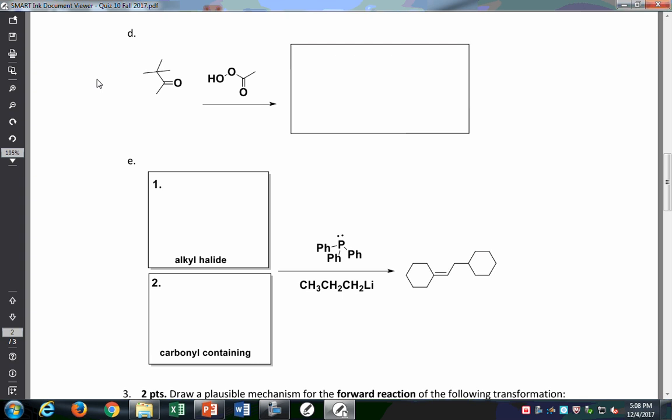Here we have our oxidation where an oxygen is going to be inserted between the carbonyl carbon and the R group to form an ester. The question is what's going to be inserted. So H is the easiest thing to move because it's small. Then our tertiary because it's more electron donating. Then our secondary because it's not as electron donating as our tertiary.